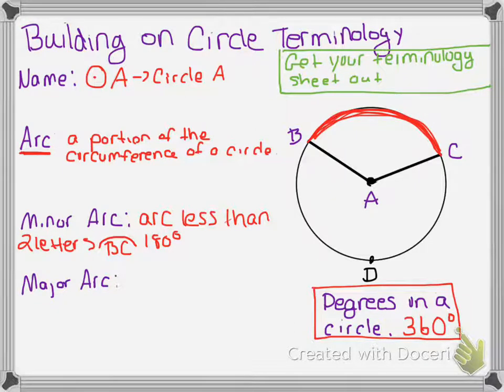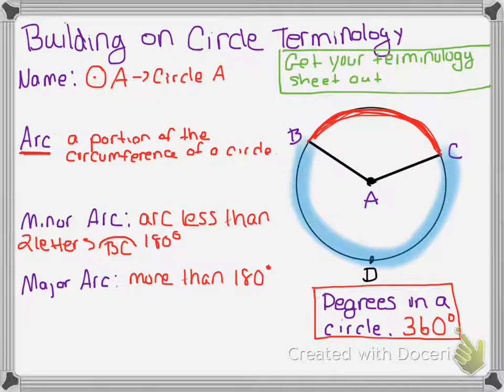A major arc is an arc more than 180 degrees. So that would be this one. This is a much bigger arc. It is more than half of the circle, and we can't name it BC because then we would get confused on which one you are talking about. Were you talking about the minor arc BC, or are you talking about the major arc BC?